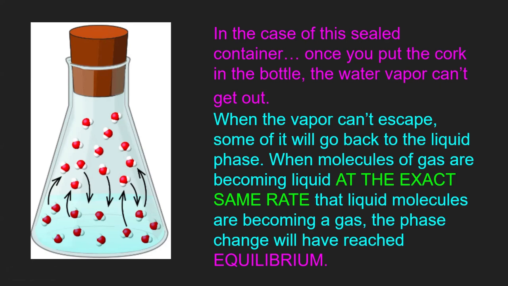What is at equilibrium here is the speed at which particles are evaporating and the speed at which they are doing the reverse process. Remember, evaporation is going from a liquid to a gas. Going from a gas to a liquid is called condensation. So you have these two opposite processes happening.